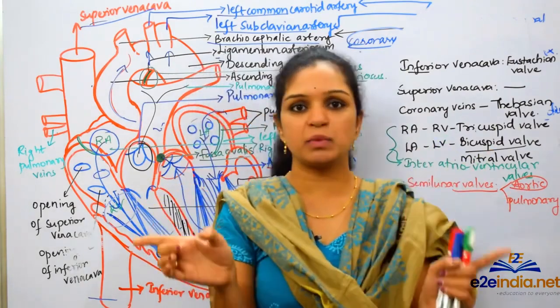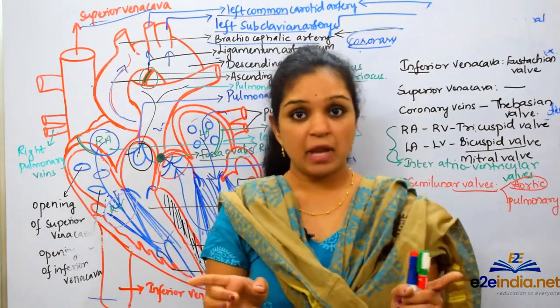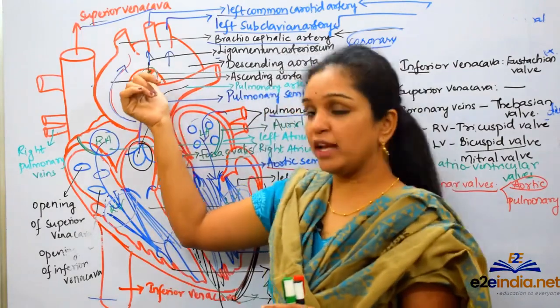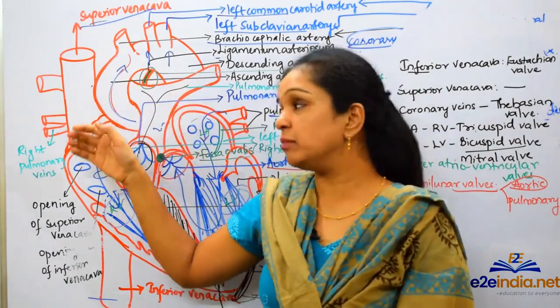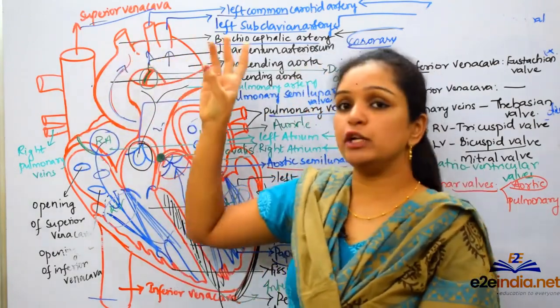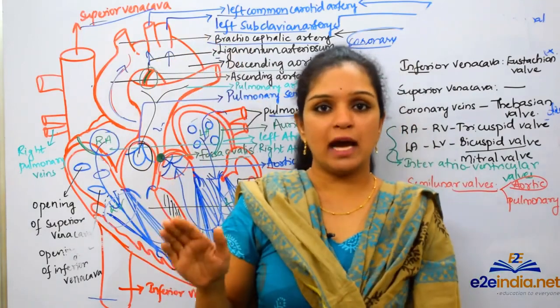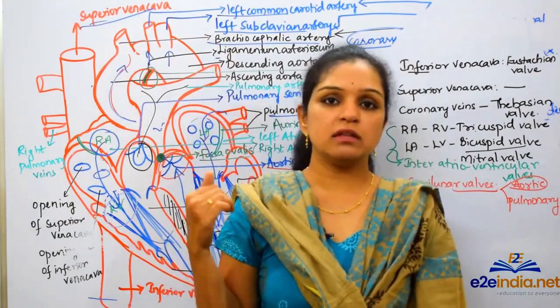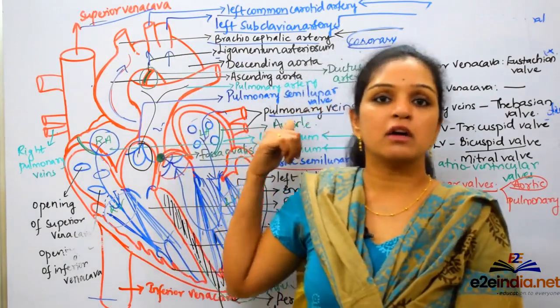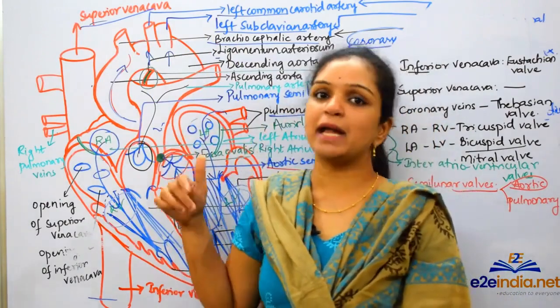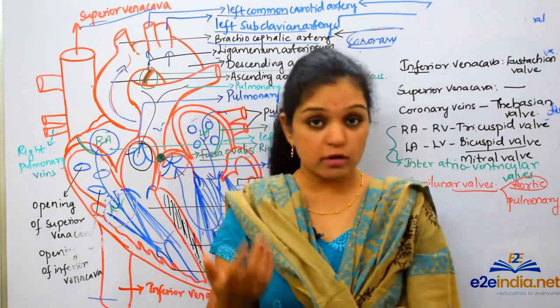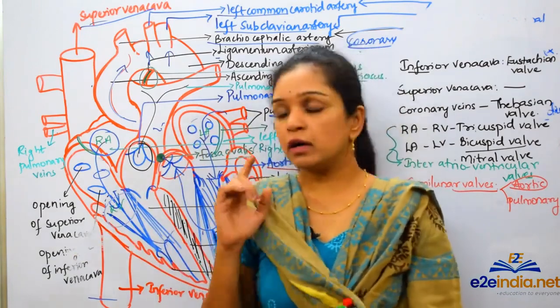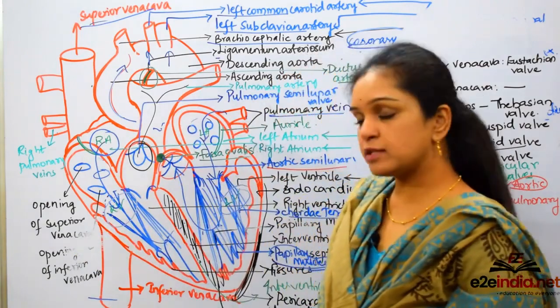But the aorta has to distribute the already oxygenated blood, so it is divided into three major branches called the subclavian artery, the left common carotid artery, and the brachiocephalic artery, which will distribute the oxygenated blood to the head and neck regions.